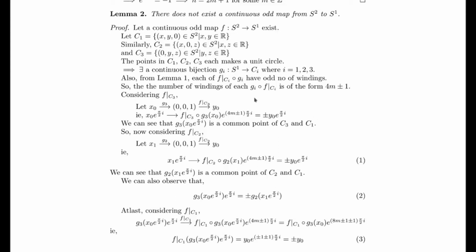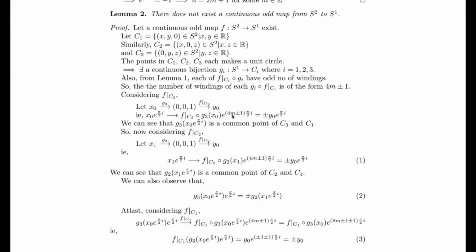We know that G3 is a bijection, so let x0 be a point in S1 that maps to (0, 0, 1), which is the z equal to 1 point on the z axis, and let y0 be the image of (0, 0, 1) under f. As the composition map is from S1 to S1, a pi by 2 rotation should result in 2m plus or minus 1 times pi by 2, because the number of windings is 2m plus or minus 1, and this is of course y0, f restricted to C3 composed with G3 of x0.